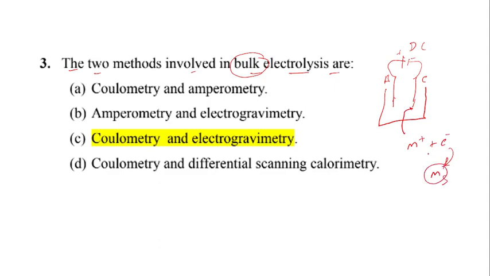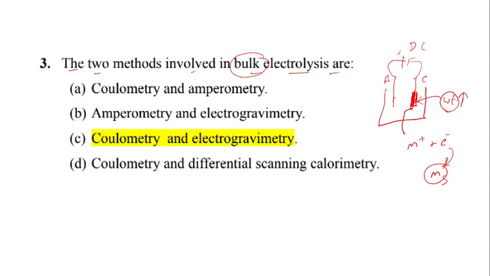This metal is solid, so it will be deposited on the cathode, and the weight of the cathode will increase. Are you able to see? Initially it was very thin, but as you kept this cathode in the electrolyte solution containing positive metal ions, they convert to metal and get deposited on the cathode. After complete reaction, you can measure the weight: final weight minus initial weight.